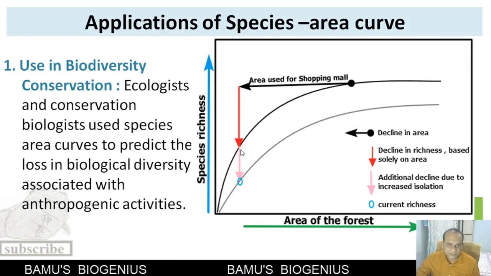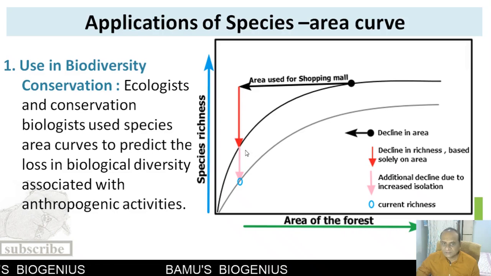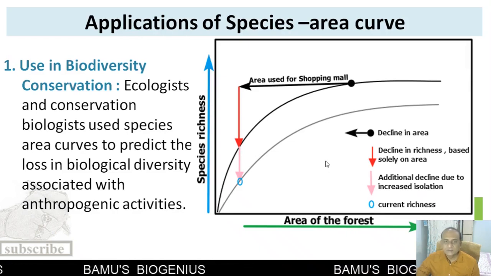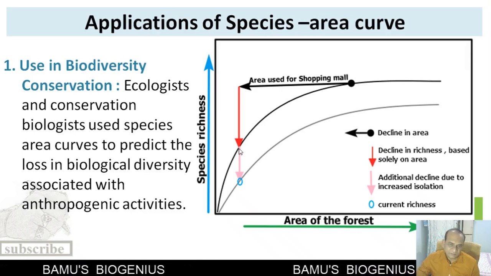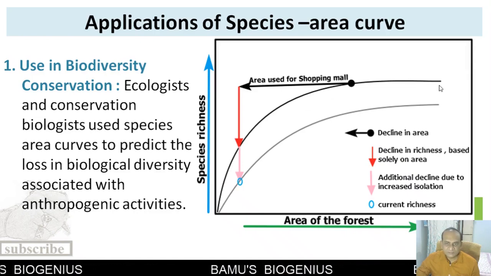Now this decline is also supported by isolation of these animals. Again, a further decline will be there, known as additional decline due to increased isolation of that particular area. So the number of these animals will again decline, and this is how the original species area relationship curve will now be at this place.